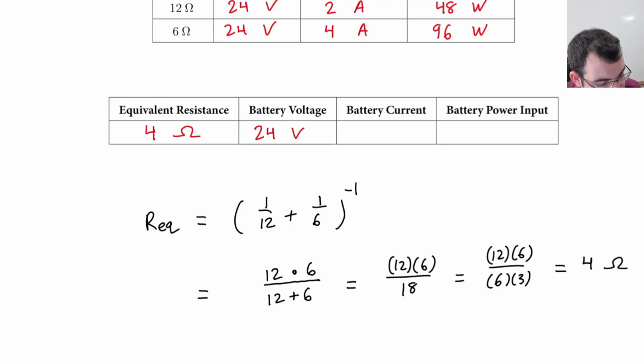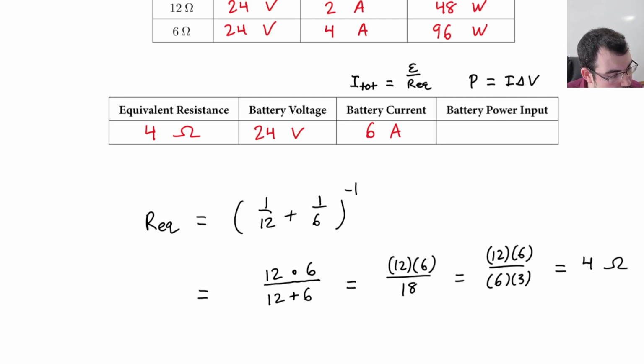Battery current, business as usual. I total equals battery EMF divided by REQ. So 24 volts divided by 4 ohms gets us 6 amps. And what would the power input be? Well, the power input is, of course, I delta V. Really going to challenge me here.